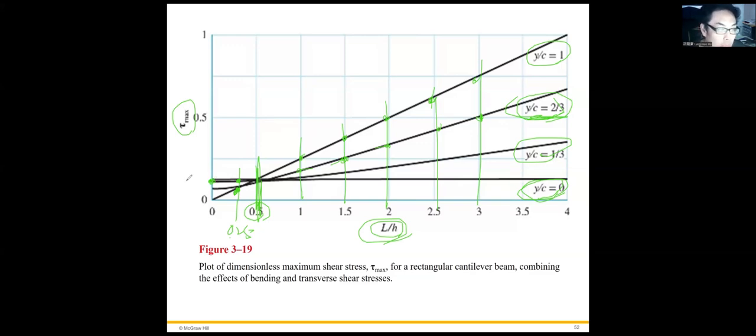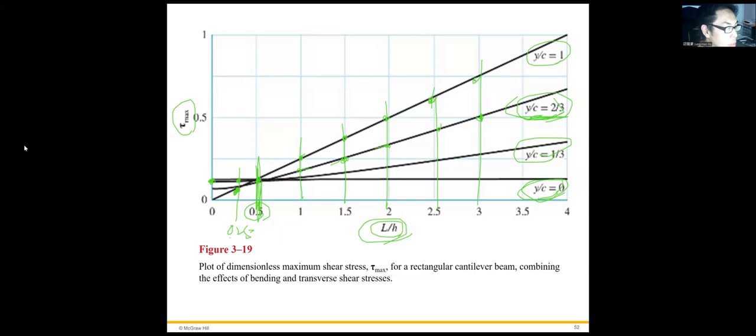This should be the maximum transverse shear stress, because we know the maximum transverse shear stress occurs at the neutral axis. However, the maximum bending stress is located at the top surface or the bottom surface. So we can say this point is the maximum transverse shear stress.